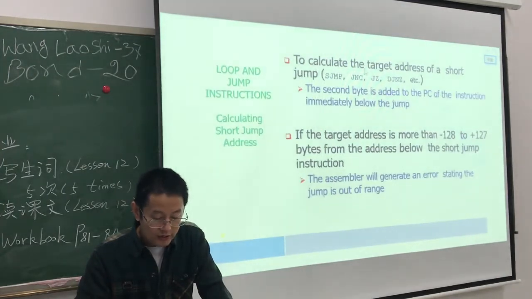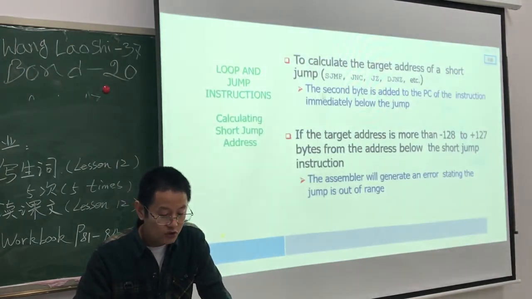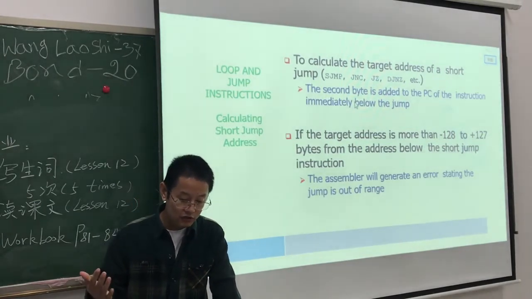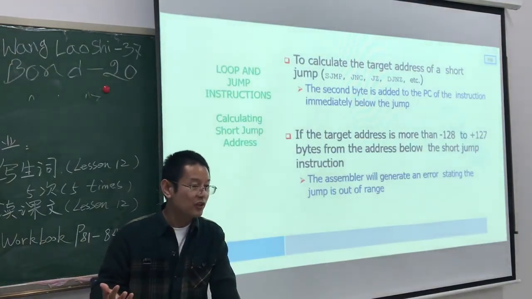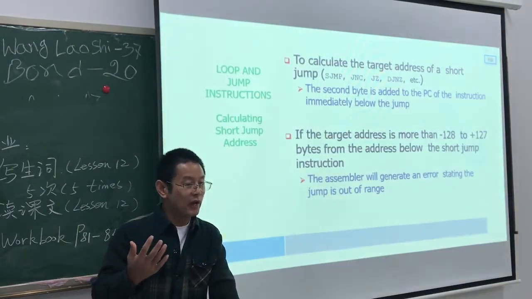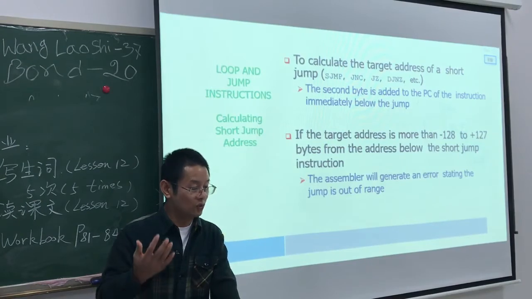To calculate the target address of the short jump, the second byte is added to the PC of the instruction immediately below the jump. Short jump is a relative address, not a direct address.